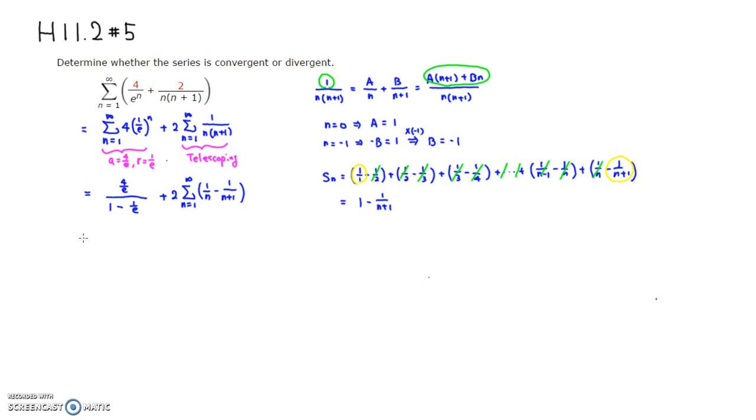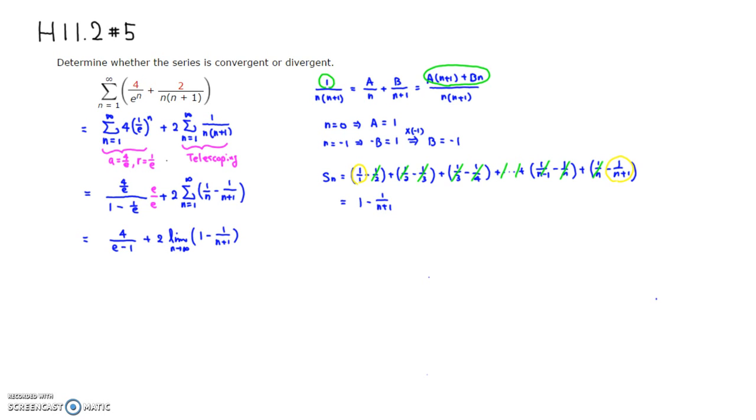For the first one, I'm going to multiply top and bottom by e so that it looks a little bit better. So you have 4 over e minus 1, plus 2 times the limit of the partial sum. The partial sum of this telescoping series is 1 minus 1 over n plus 1 as n approaches infinity.